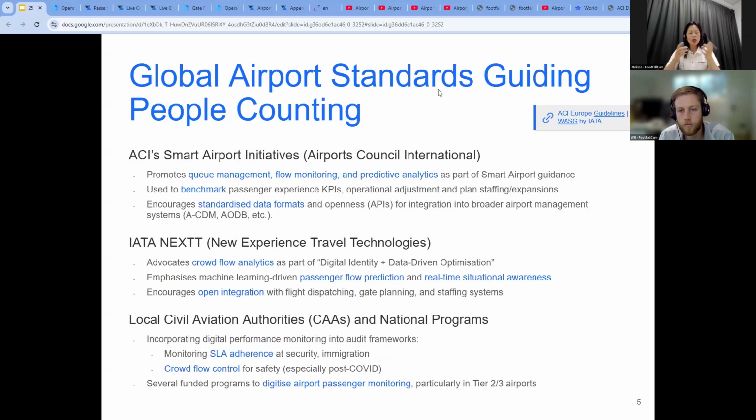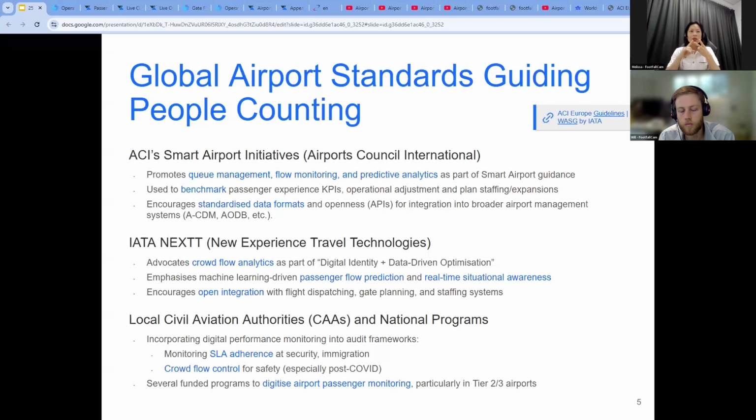Across the board, we see three clear pillars emerging from the global guidance. First is measurements. So establishing a consistent and standardized way to measure how passengers flow through each stage of the journey. This includes the inflow, queuing, service rate, dwell time, and most importantly, how that aligns with service level agreements.